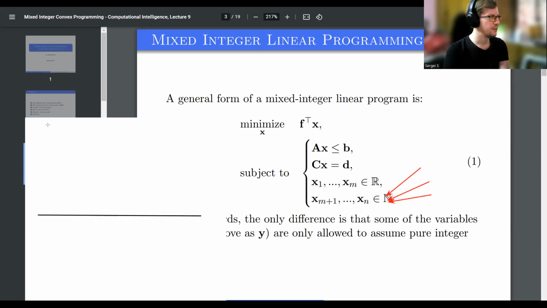Let's think about its domain. What is the domain of this problem? Well, the way I ask this question is probably a little bit hard to answer, so let me just start. Let's say we have only two variables, x1 and x2. X2 is, let's say, a mixed integer variable.